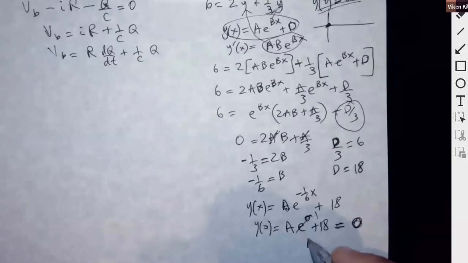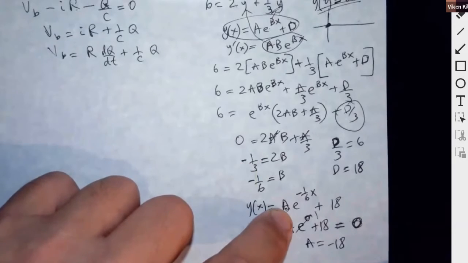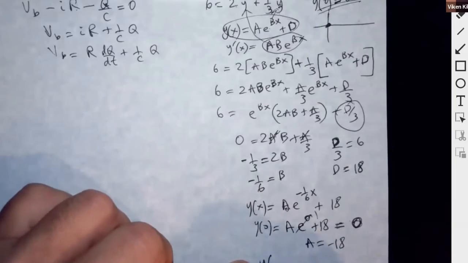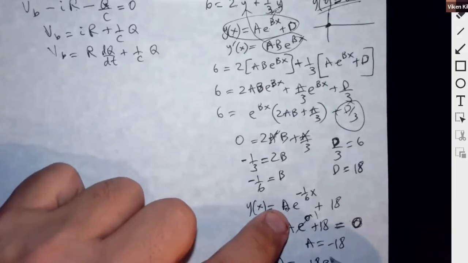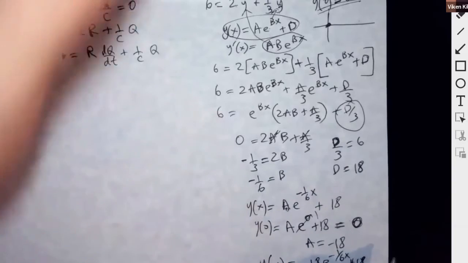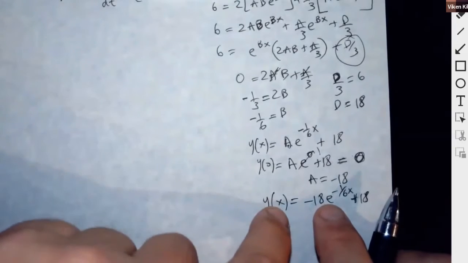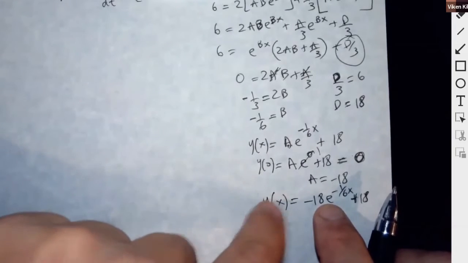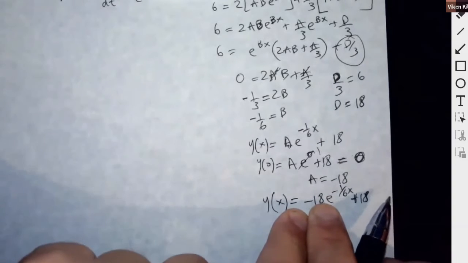And so a must be negative 18. So therefore, to solve for the a, you do y of x equals negative 18 e to the minus 1 over 6x plus 18. Right, so this is negative 18, but that's only if the initial condition was 0. If x is 0, y was 0. If something else, then you could put that value here.